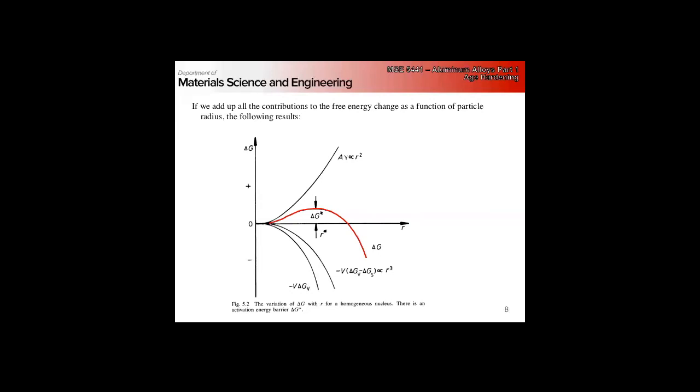The bulk free energy term is your degree of undercooling, and then this is a small correction due to the volumetric strain associated with the particle.